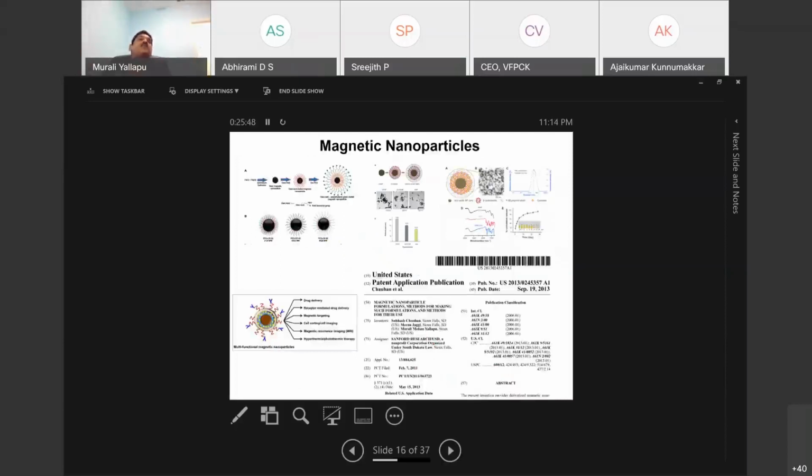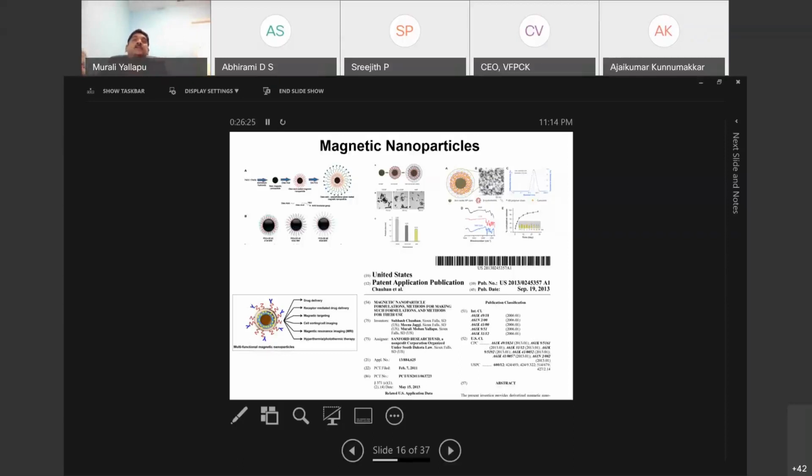So therefore, we went ahead and formulated and patented a magnetic nanoparticle formulation. We applied it for breast cancer, prostate cancer, and pancreatic cancer. With the same formulation, you can use nanoparticles for curcumin or clinical drugs such as gemcitabine, docetaxel, paclitaxel, and we have been applying it in conjunction with MRI contrast agent and also CT contrast agent.